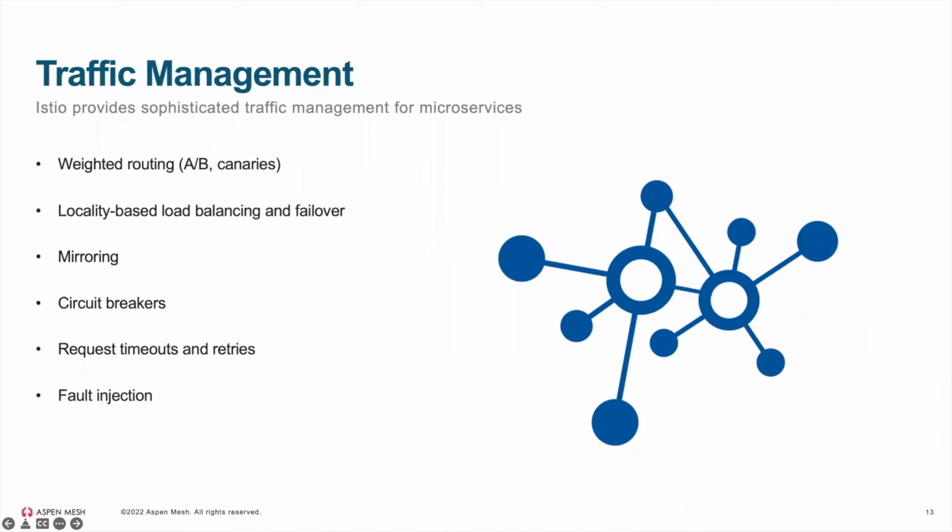There's also a lot of network resiliency. Like we talked about before, you have to assume that something is going to go wrong at this large scale. I've got hundreds of microservices. They're all talking to each other over a network. There's going to be network issues or performance degradation of a service or something, and you don't want to bring down the whole system because of one of those.